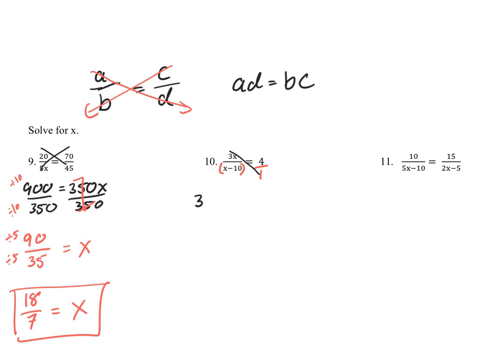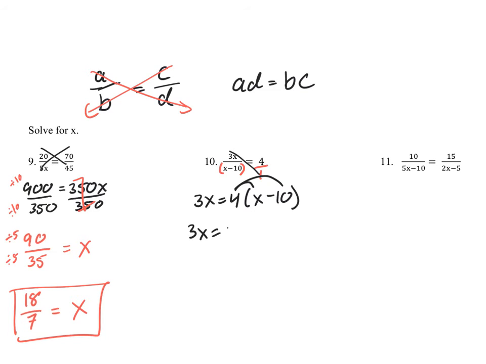3x times 1 is just 3x. And then 4 times x minus 10, we're just going to write as 4 times the quantity x minus 10. These parentheses are very important because 4 doesn't just get multiplied to the x, it gets multiplied to that minus 10 part as well, or negative 10. So we're going to solve. Again, solving, we simplify first by distributing.